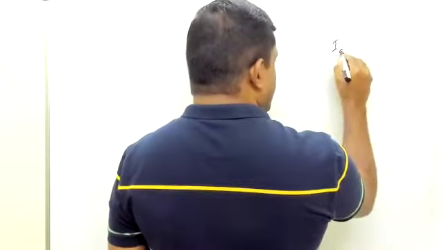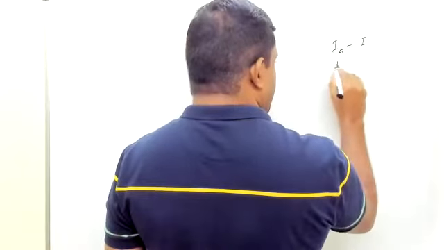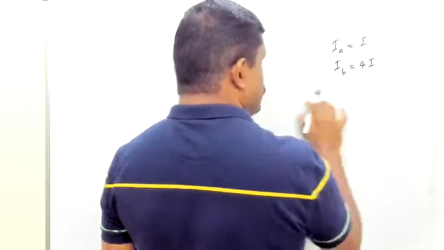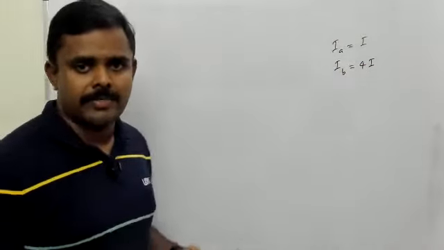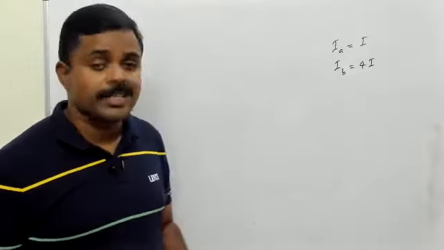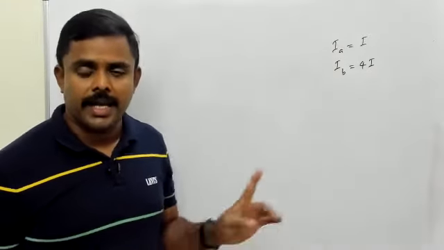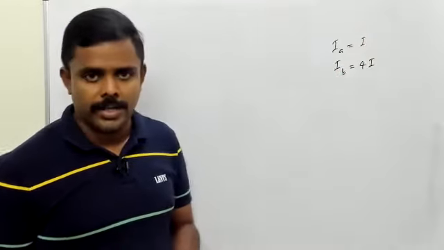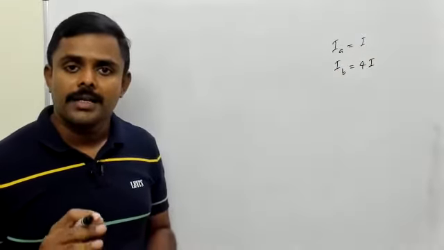So I got IA, that is I, and IB, that is 4I. Usually they are both equal, unless mentioned otherwise. But here they have specifically mentioned that the first intensity is I and the second intensity is 4I. Usually both the slits are identical, so both intensities are the same.